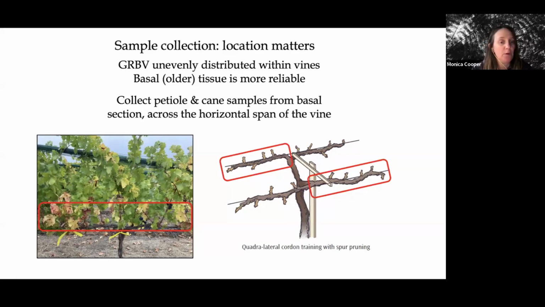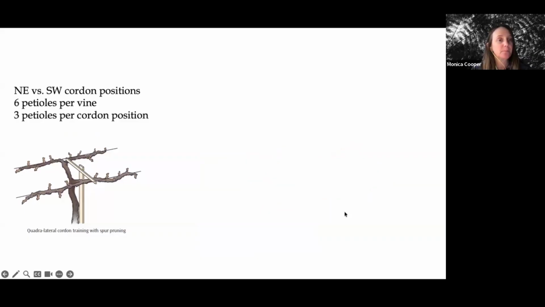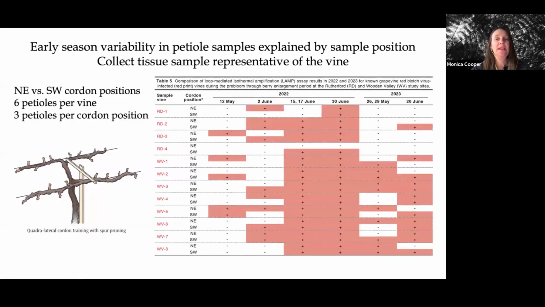So we focus on a bilateral cordon, on collecting samples across the cordon. And then if you had a quadrilateral trained cordon, you want to make sure you're on both sides of the vine that you're collecting tissue. And so what we've seen is that if we are only collecting tissue from one side of the vine, particularly in quad trained vines, we can get really mixed results.